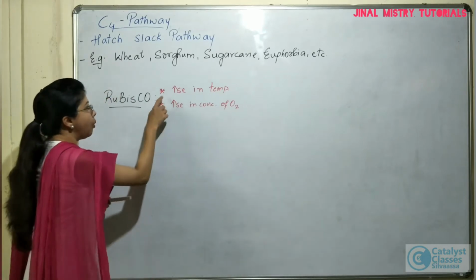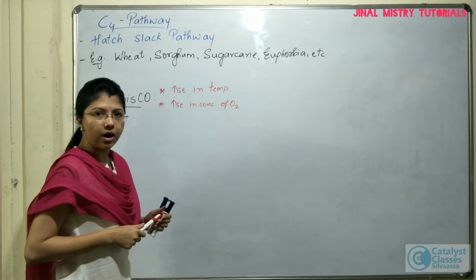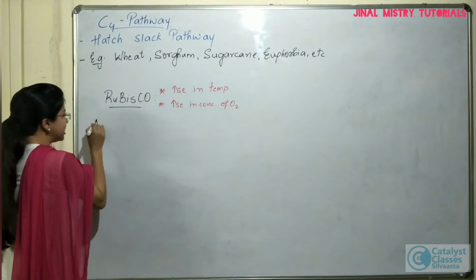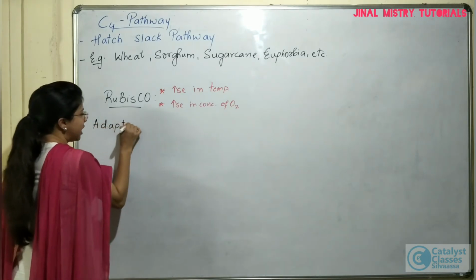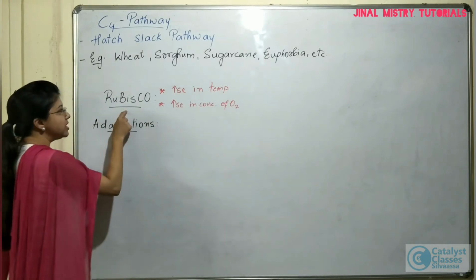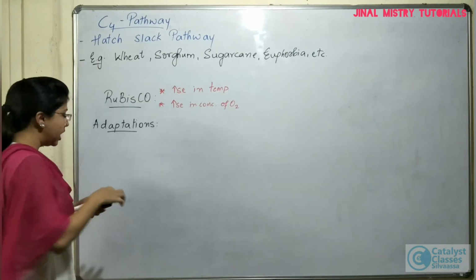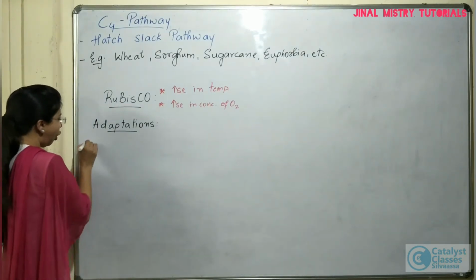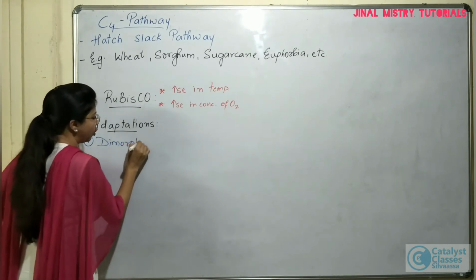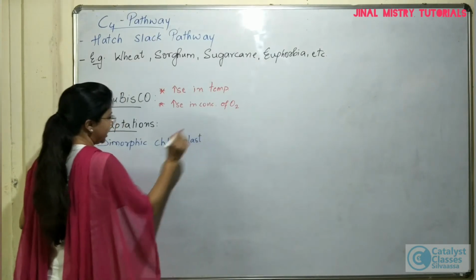Now, to avoid these two conditions, these plants, which are called C4 plants, have adapted certain mechanisms. So let us see those adaptations first, the ones that prevent rubisco from acting as oxygenase under these two conditions. The first adaptation of these plants is that they have dimorphic chloroplasts.